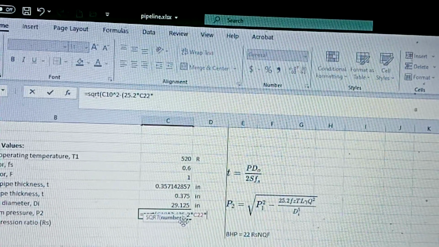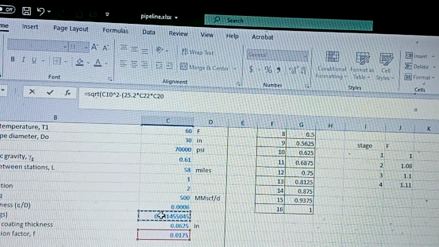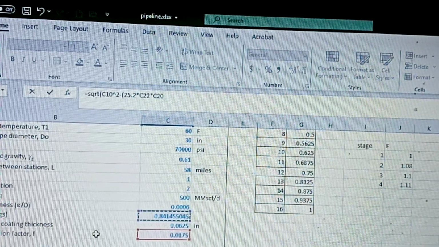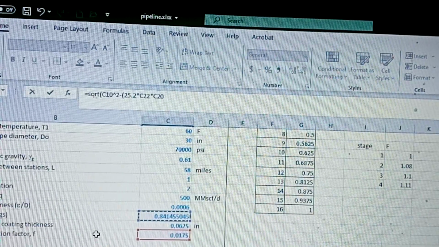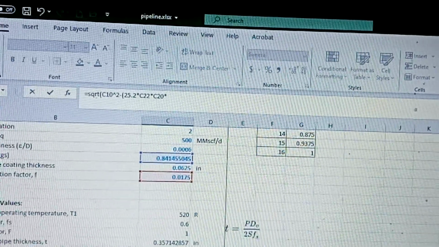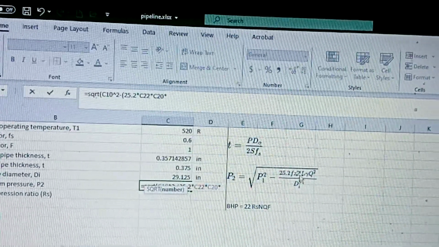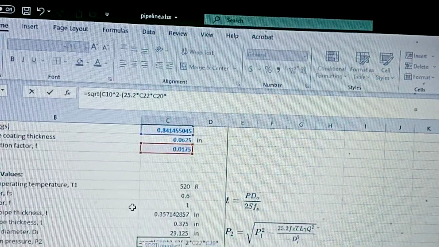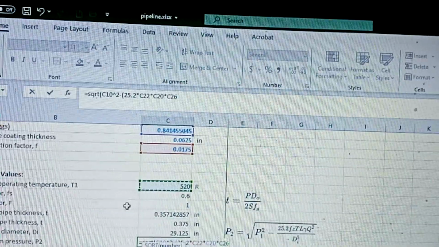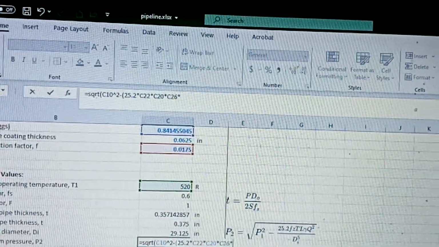Z. So I click on Z. Then multiply by, let's see the formula, T, temperature, of course in Rankine, which is this, multiplied by the length. That's the distance between the stations.